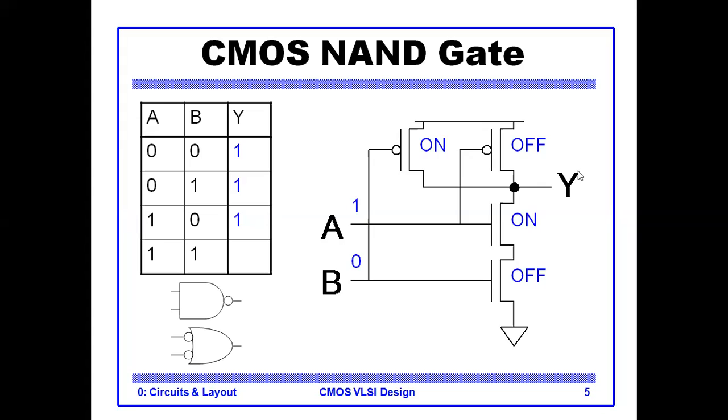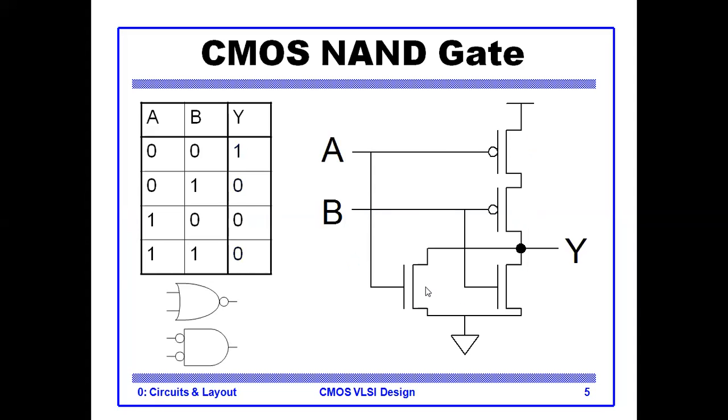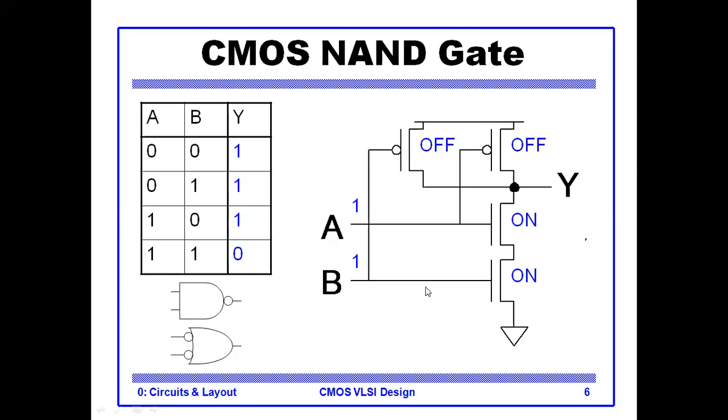Okay. And the last state is when both inputs are 1. So it becomes 1 to the NMOS. In the pull-down network, these two transistors will go into the on condition.